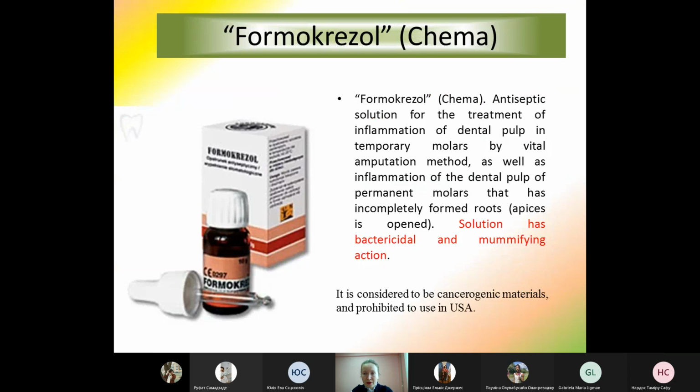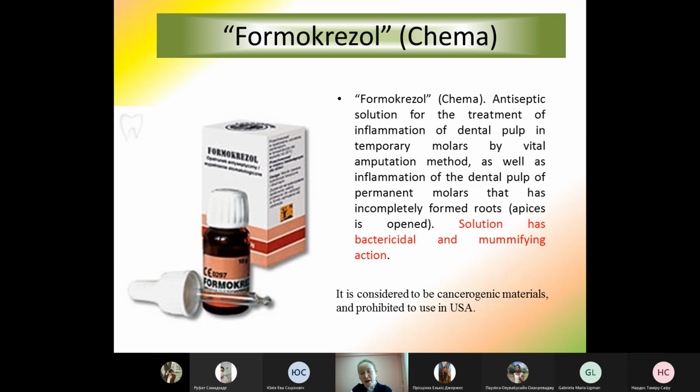Formocresol, company Hema, is an antiseptic solution for the treatment of inflammation of dental pulp in temporary molars by the vital amputation method, as well as inflammation of the dental pulp of permanent molars that have incompletely formed roots. The solution has bactericidal and mummifying action, and it is its benefit.